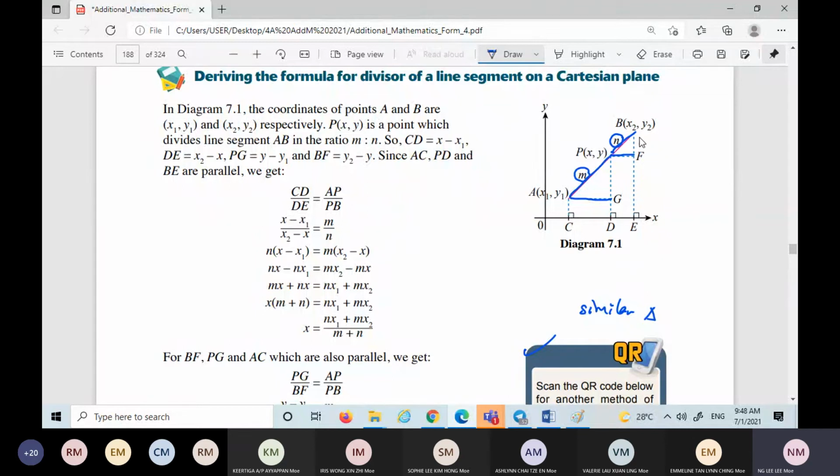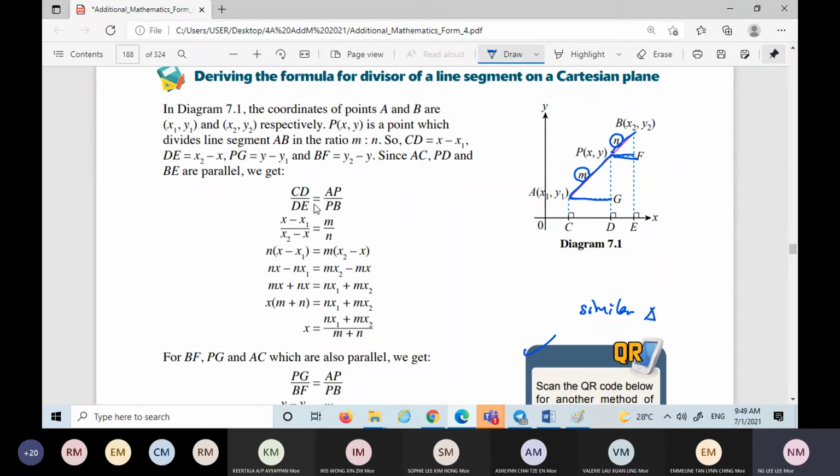Go Google what's the meaning of similar triangle if you are not sure. Similar triangle means if this triangle and this triangle are similar, then this over this will be equal to this over this, and same as this over this. The lengths come to a ratio. So they are using this.